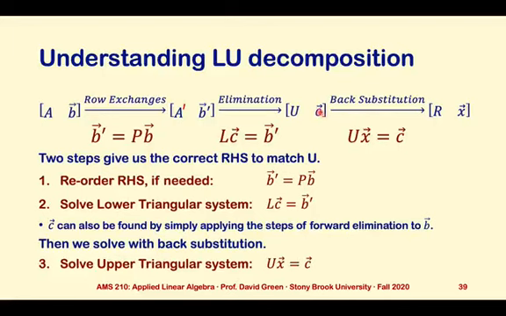The fact that this is really what C is also means that we could find C simply by applying the steps of forward elimination, writing them down as a sequence of things that we did, and applying them only to B rather than to the whole matrix. I think it's easier to conceptualize this as being stored in L and P, but you ought to get the same result.